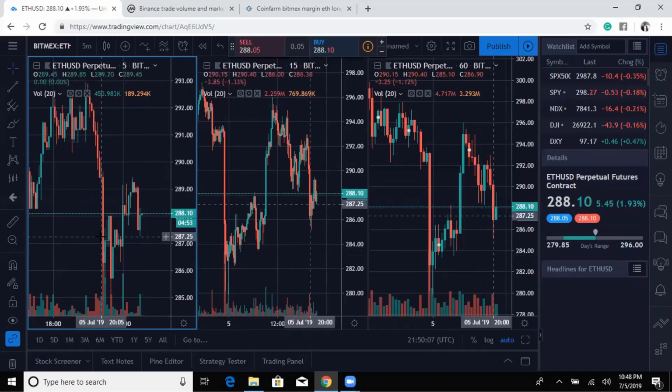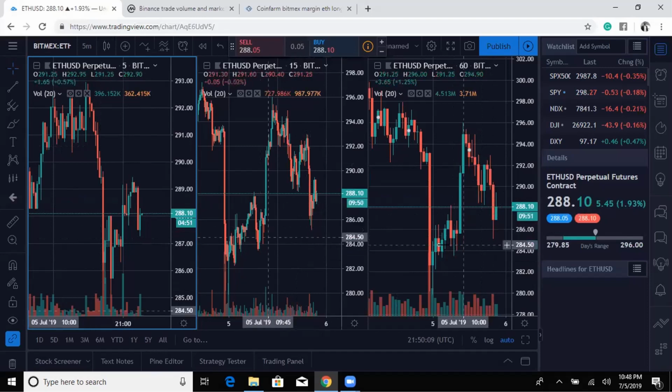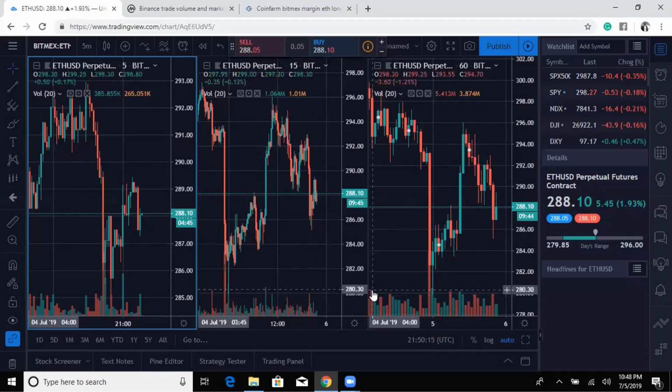However, if all time frames point to the same direction, green, green, green, like the one we're seeing here, then that's actually a jackpot for you. It tells you that you can go long and just quickly make profit in and out. So that's how we make use of these different time frames.